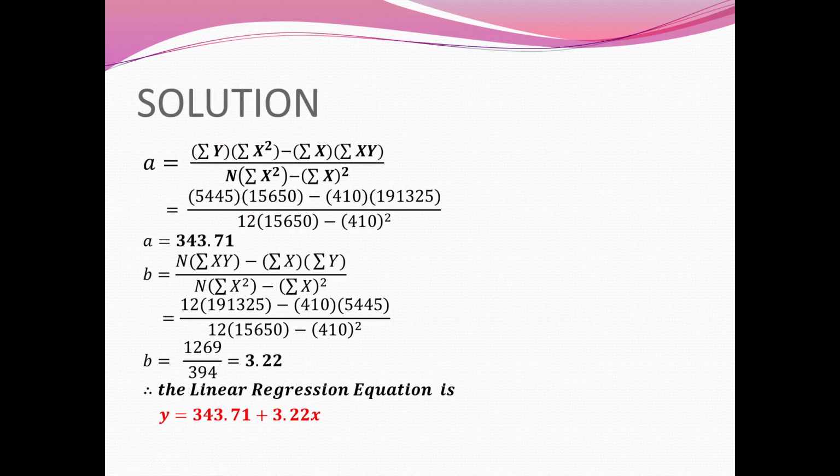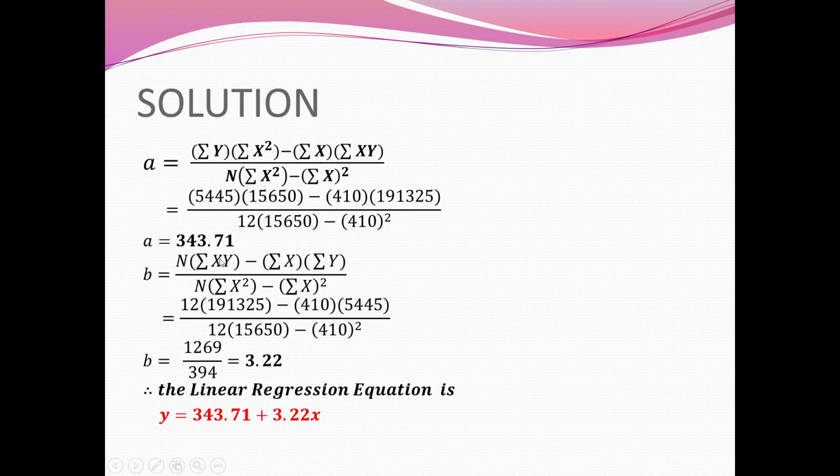Finding the slope B, we have the formula as the number of observations n times the sum of the product of xy minus the product of the sum of x and the sum of y, divided by the number of observations n multiplied by the sum of x squared minus the sum of x raised to square. So again, substituting the values from the table, the number of observations is still 12.